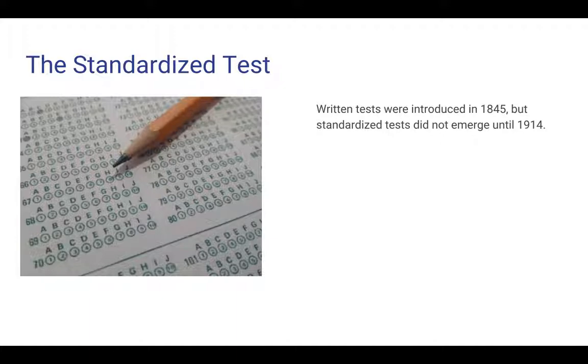It really was the beginning of World War I, when the U.S. military needed to find a way to efficiently assess 2 million recruits so that they could sort them by their ability and get them placed into their right roles in the military, that we began to see our traditional standardized test.